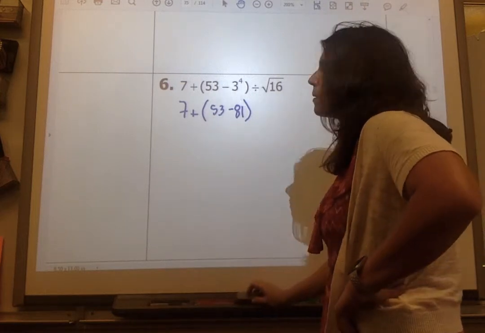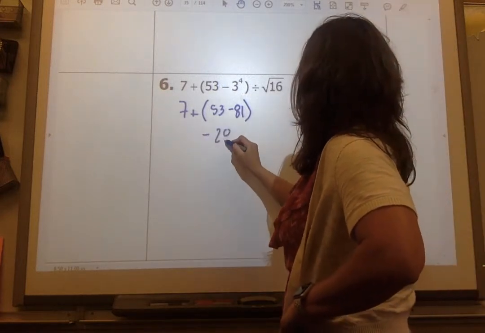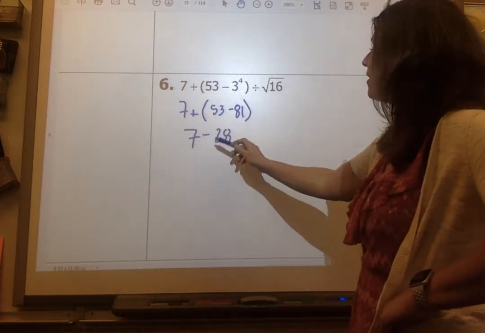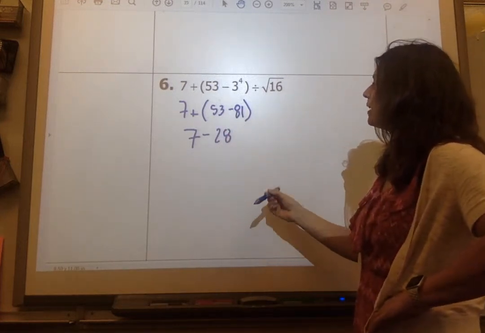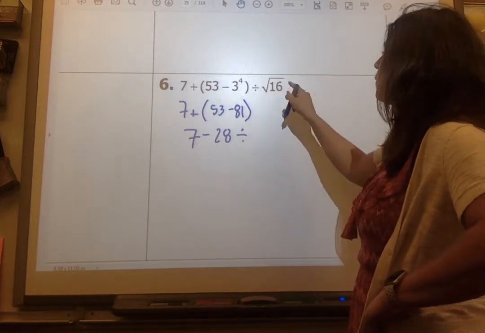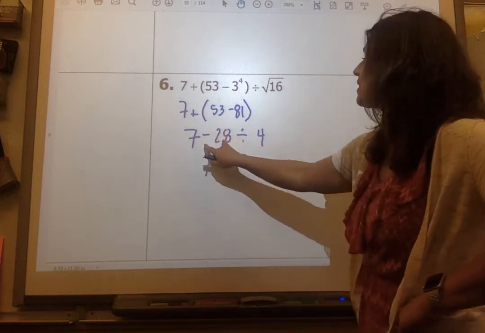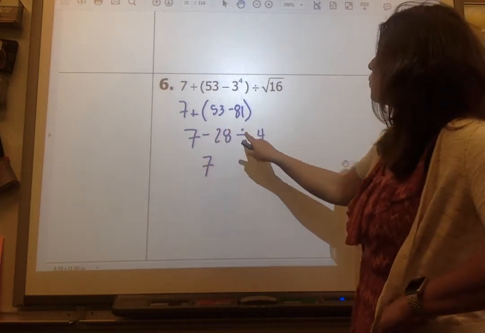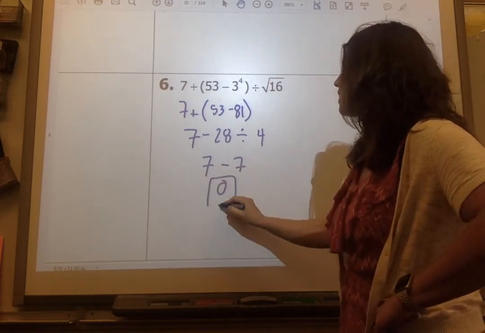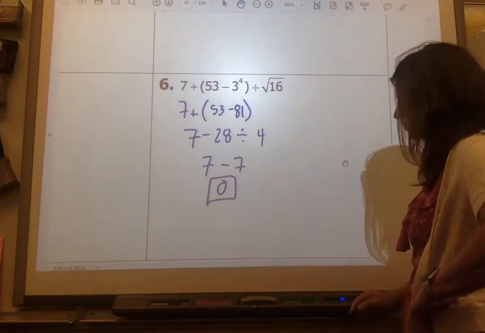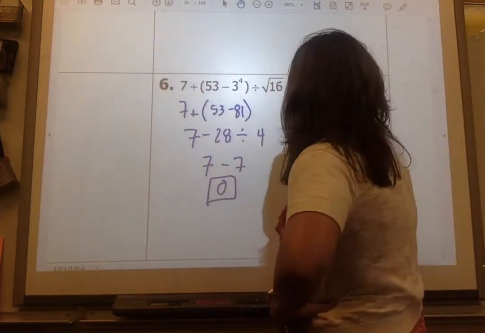I know that 53 minus 81 is going to give me a negative 28. So I have 7 minus 28. I get rid of the parentheses. I don't have them anymore. And I know that I have negative 28 divided by the absolute value of 16 is 4. So now I have 7 and I have this negative 28. Negative 28 divided by 4 is a negative 7. And 7 minus 7 is 0 will be my final answer. Okay. All right, that's number 6.